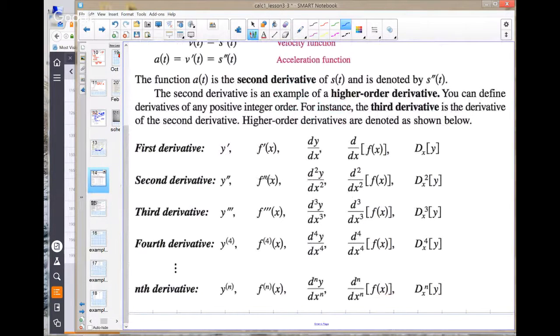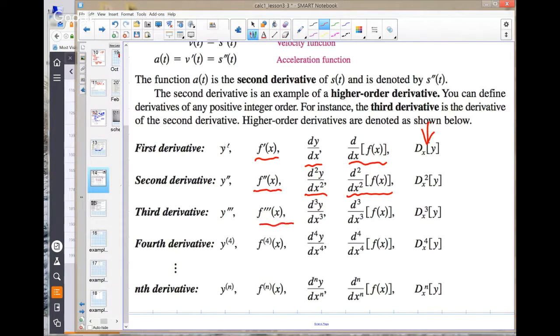So here's the notation. We know that's the first derivative. You can write that this way or this way. By the way, this last column, I don't think I've ever seen that used. For the second derivative, we just say f double prime of x. See that double apostrophe there? This is another way to write it, and here's how you write the second derivative in Leibniz notation.